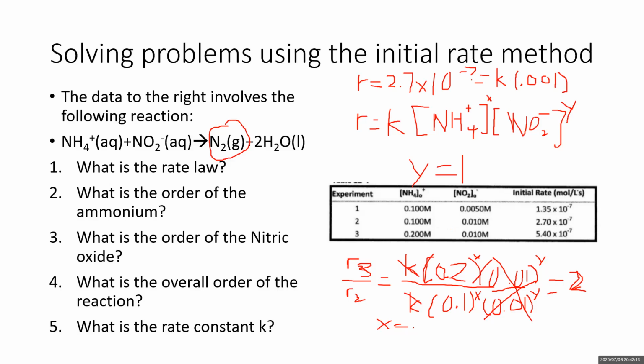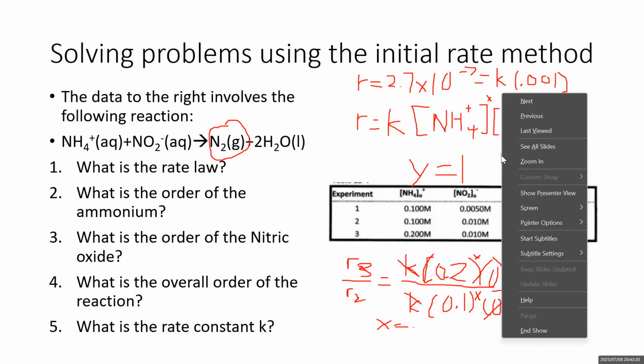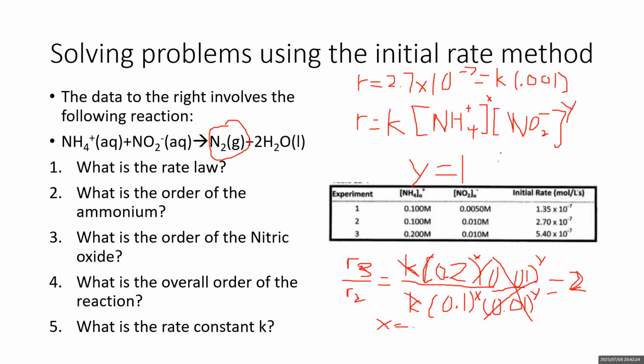Now we divide, and K is 2.7 times 10 to the negative 7 divided by 0.001. Dividing by 0.001 is multiplying by 1,000, so K is 2.7 times 10 to the negative 4.